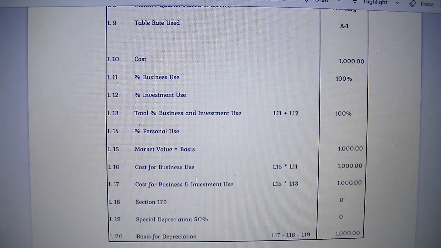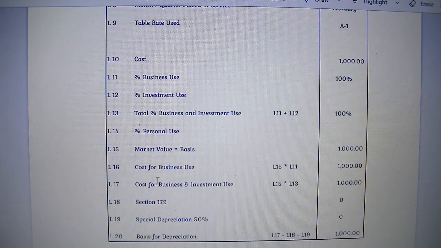And then, if you don't use it fully for business, then you have to track the number of hours you use it during the year you place it in service. You'll track the number of hours you use it for personal purposes, the number of hours you use it for business, and the number of hours you use it for investment. So for depreciation purposes, you'll combine business and investment use.